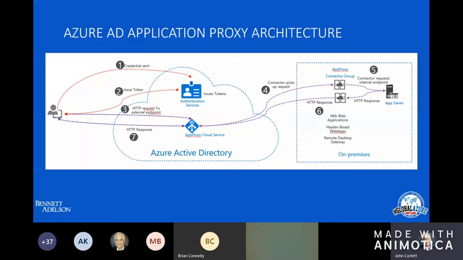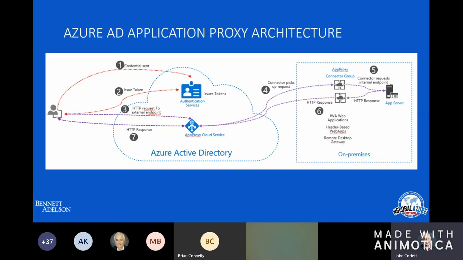So here's a picture of the architecture and how Azure AD Application Proxy works. After the users access the application through their endpoint, they're redirected to Azure AD sign-in. And if you've configured conditional access, specific conditions are checked at that time to make sure they comply with whatever policies you set up, right?